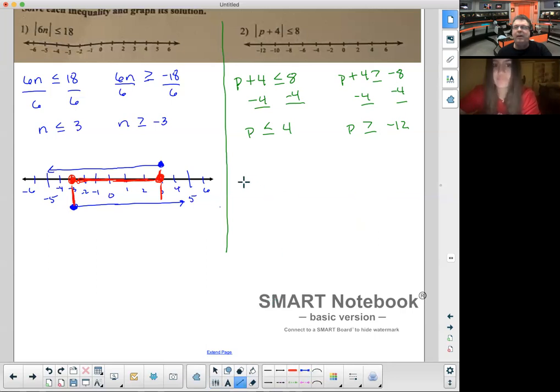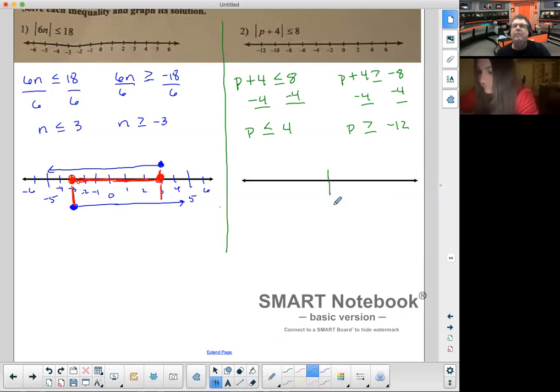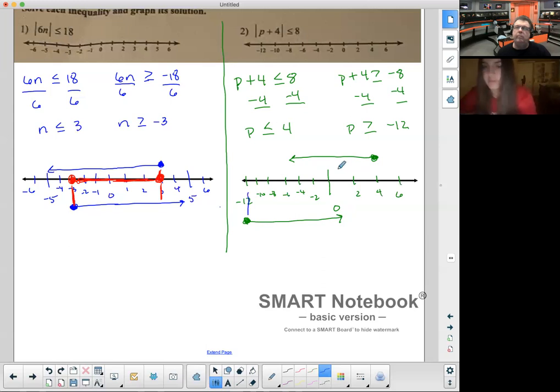And I'm going to make my fun little number line again. Okay, I think I did it.